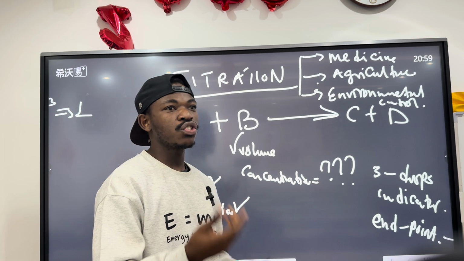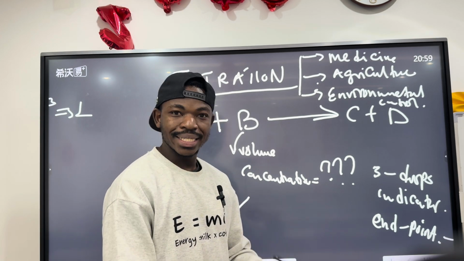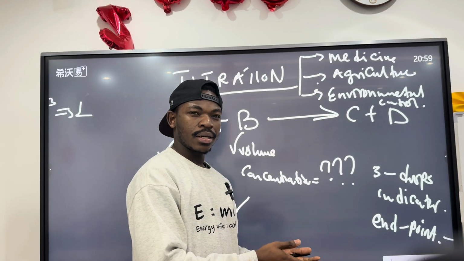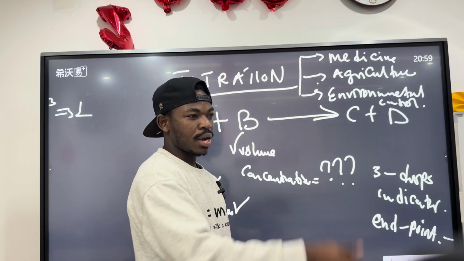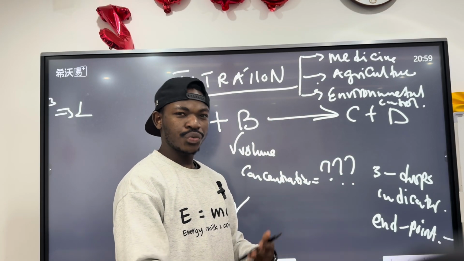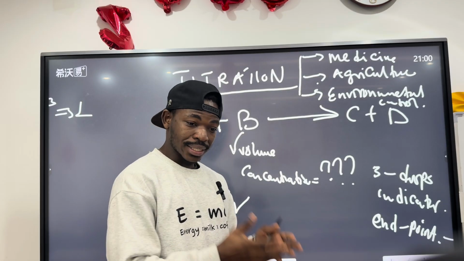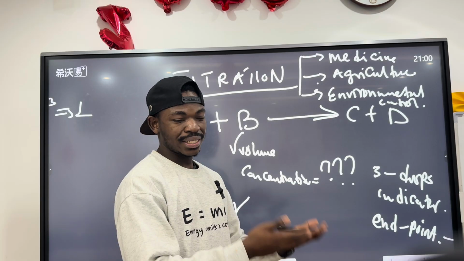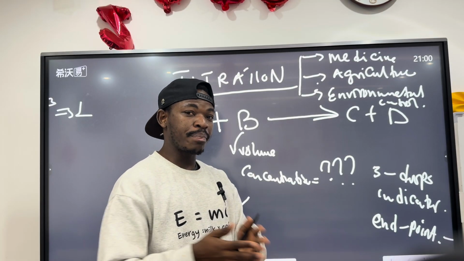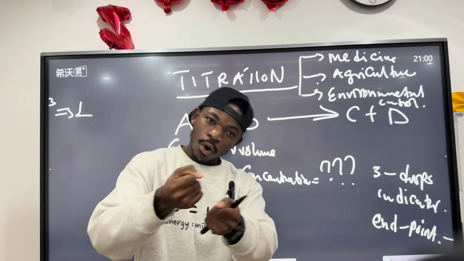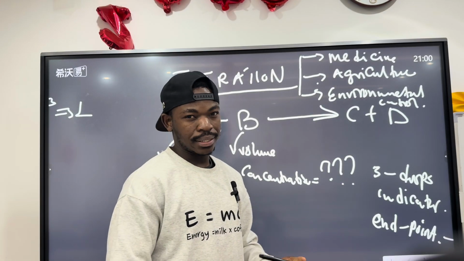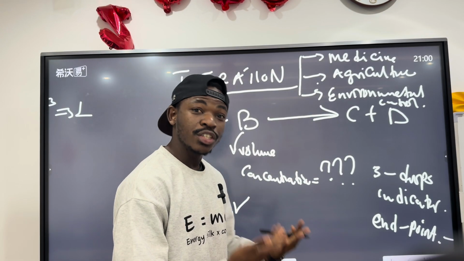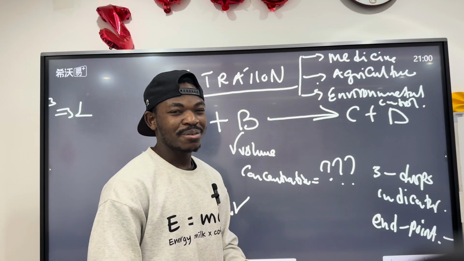If the soil is acidic, I want to know the exact concentration of the base I should prepare so that I completely neutralize the acid, so I can treat acidic soil. So that is very important. That is why we need to understand the basics when it comes to titration.